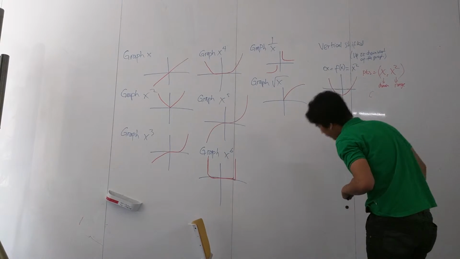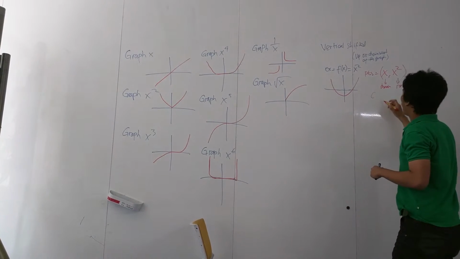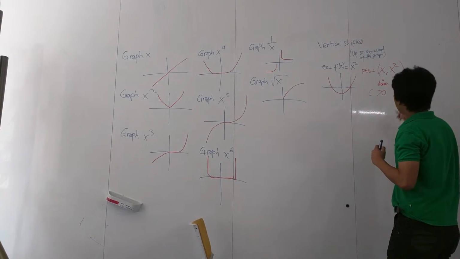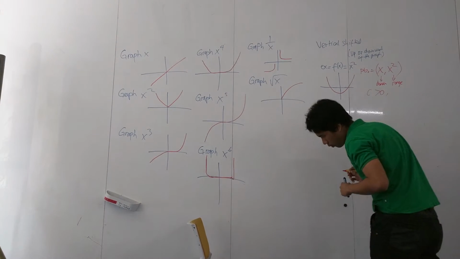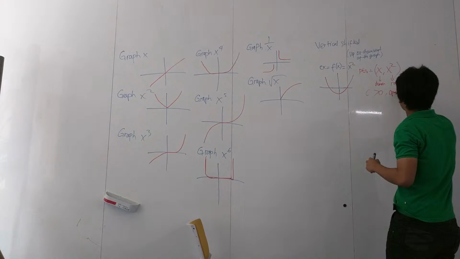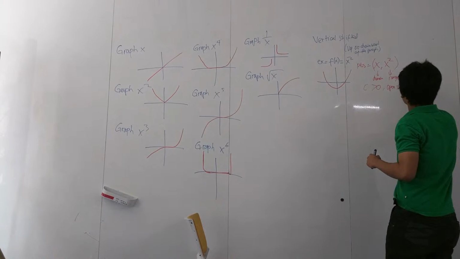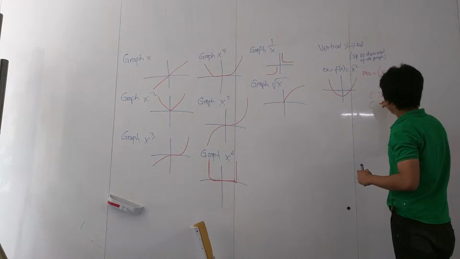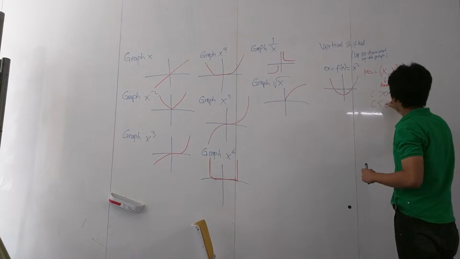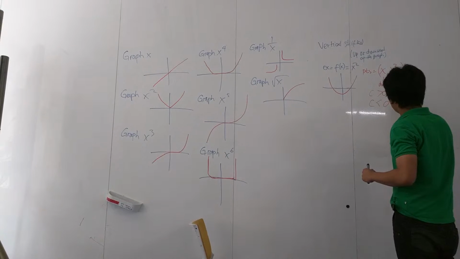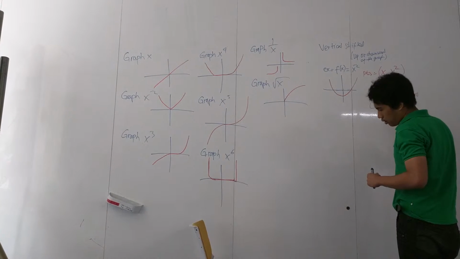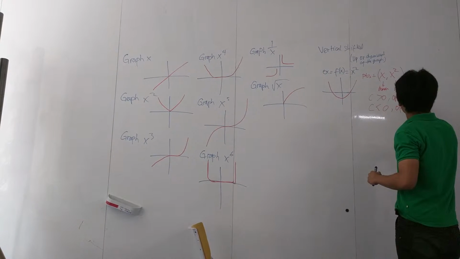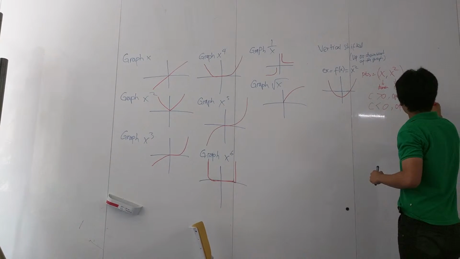So if the c is greater than 0, the graph will be shifted upward. And if the c is less than 0, it must be shifted downward.